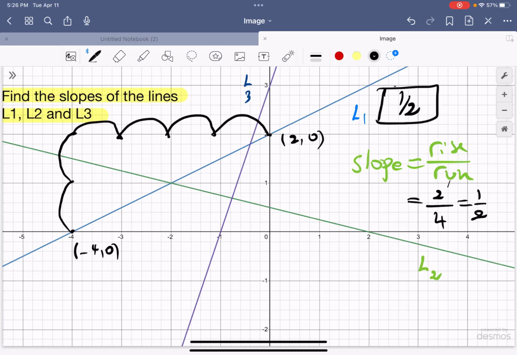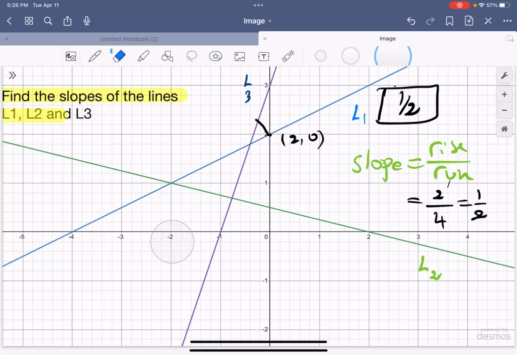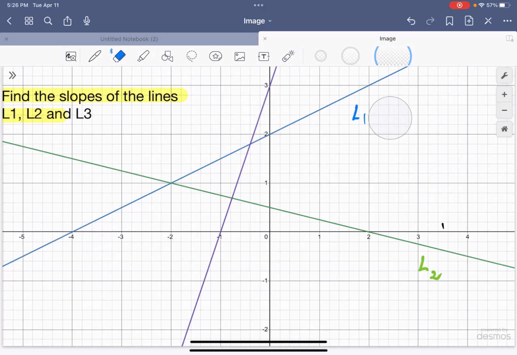Now we're gonna go to the next one, which is the slope for L2. So the slope for L2, again, the slope is rise over run.